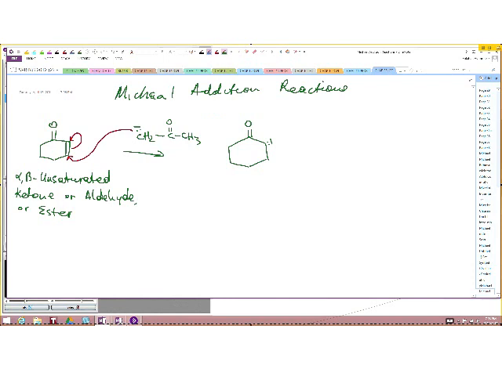Actually, let me go ahead and make this blue so we can see it. So we have this here, forming a new carbon-carbon bond.